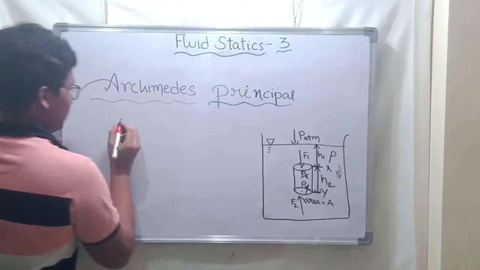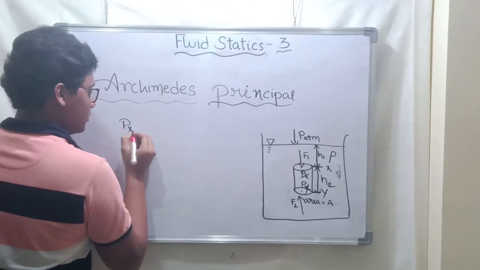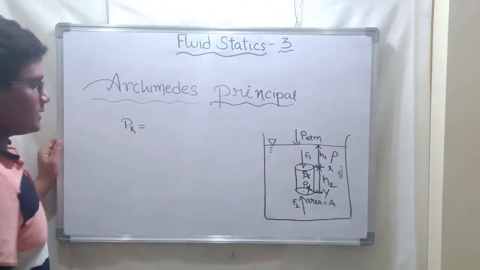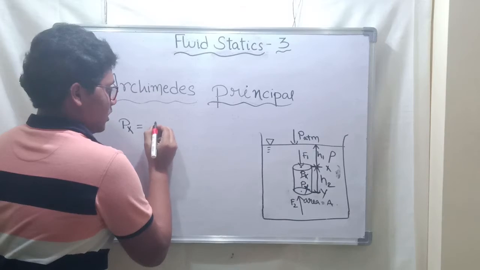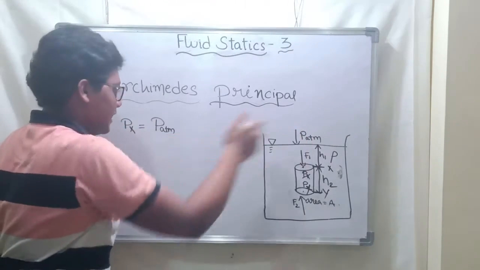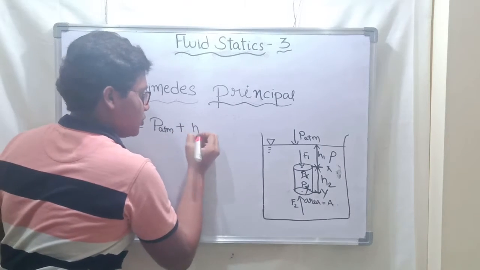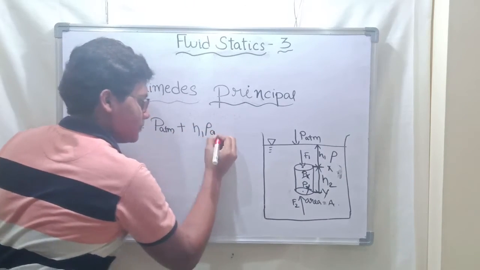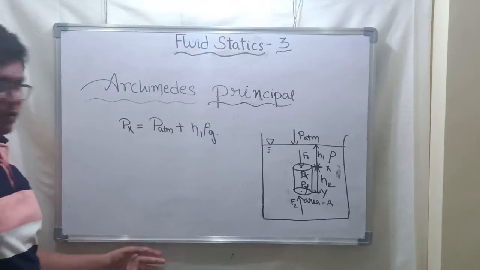Now Px is equal to PATM, atmospheric pressure acting in this direction, plus h1 rho g, from here to here.